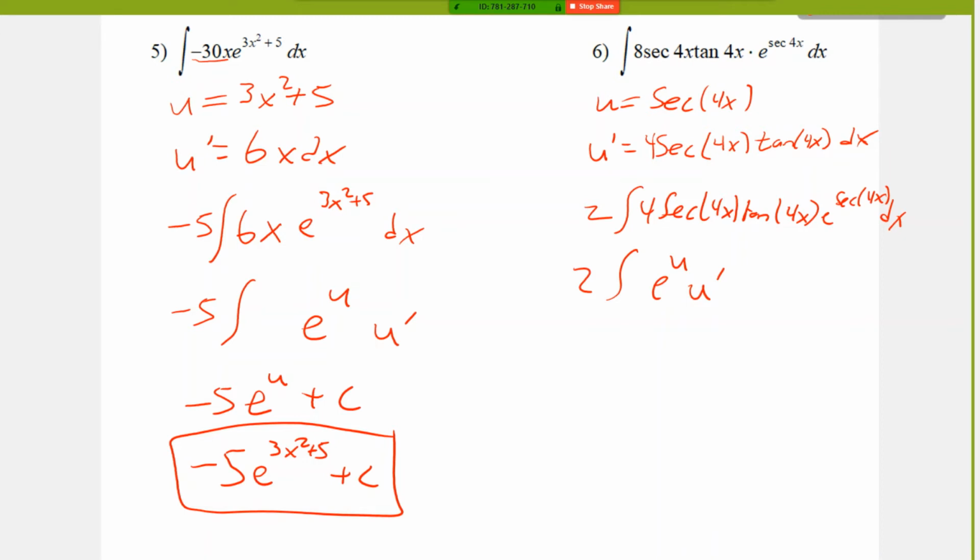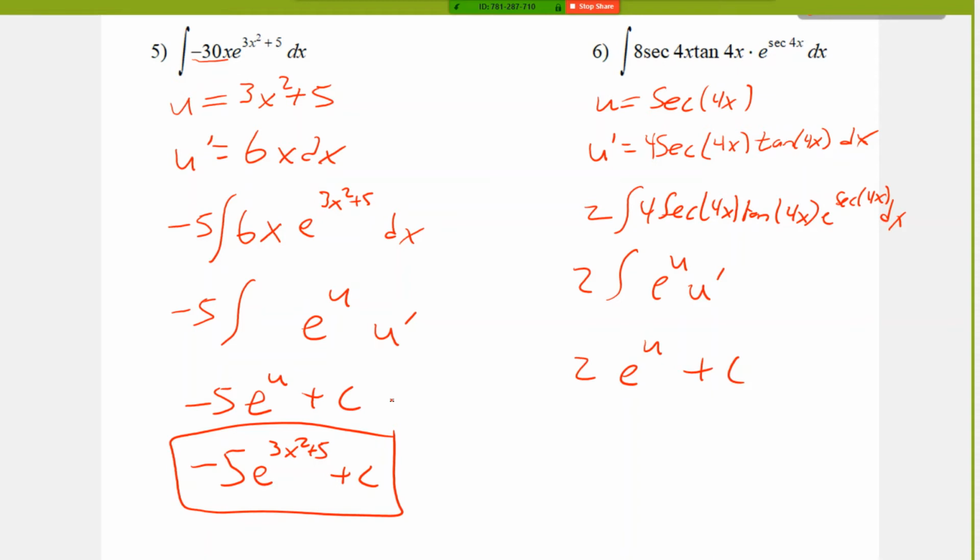Okay, so if I'm going to work backwards, I'm going to divide by u prime, and then figure out what I would need to derive in order to get this function. So what would I derive in order to get e to the u prime? Derive e to what power? E to the u power.